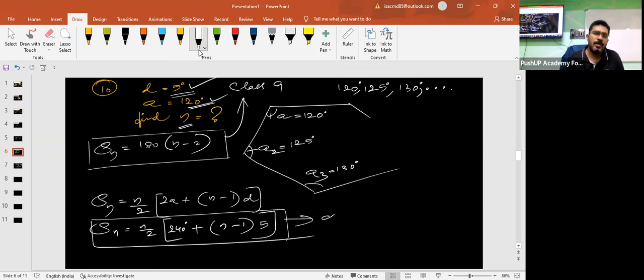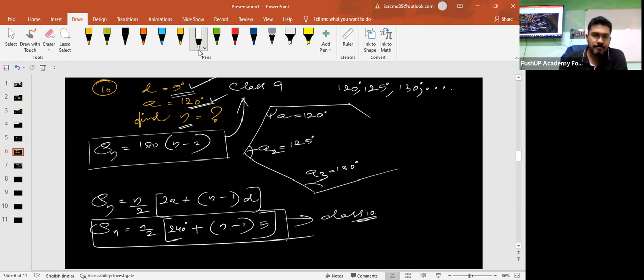And this is something which you learned in class 10. So in class 9, you learn to find the sum of the n angles by using the formula 180 into n minus 2. In class 10, you learn to find the sum of the n angles of a polygon as n by 2 into 240 plus n minus 1 into 5.